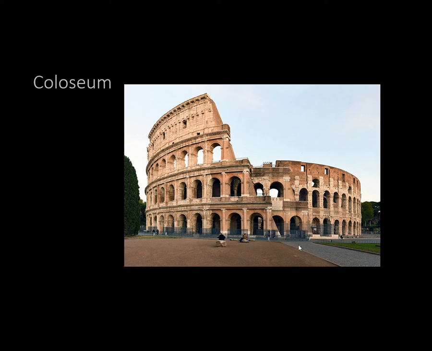Probably the most famous Roman building, other than the next one I'm going to show you, right, is made of all arches. And you can see here, if you look closely, the different orders of Greek architecture. We have Doric, Ionic, Corinthian. It's like a textbook lesson on how to make a Greek building with Roman engineering.